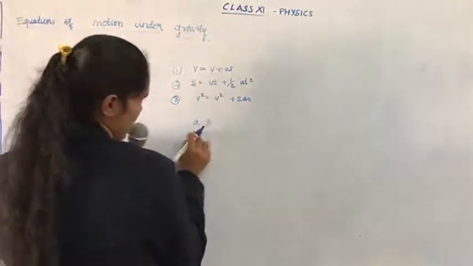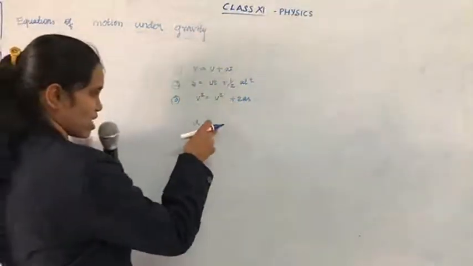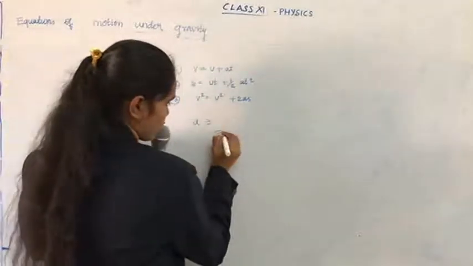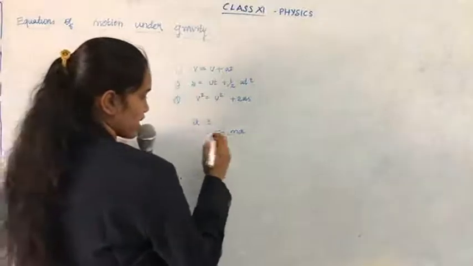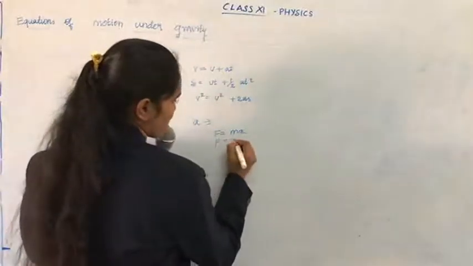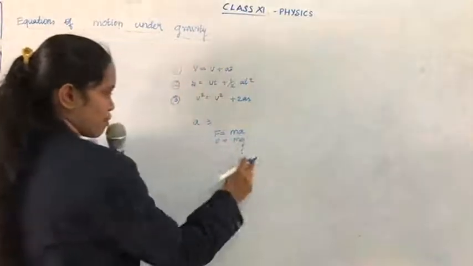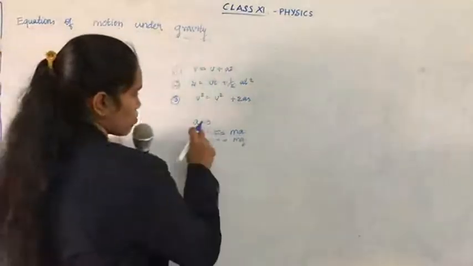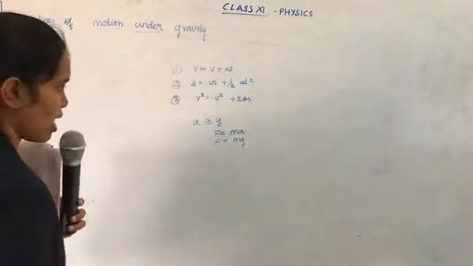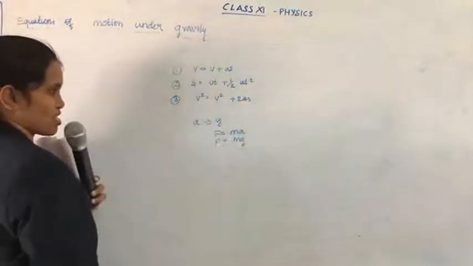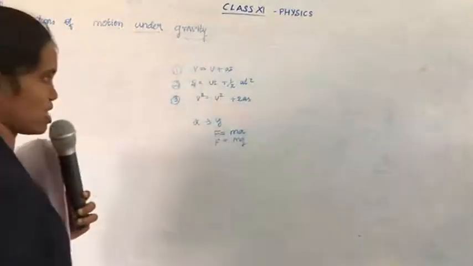Now what is this acceleration? The formula is F equal to ma. If it is a normal body, F equal to ma; if it is in gravity, it becomes F equal to mg. We already studied this. So A is transferred to G. Acceleration is changed to acceleration due to gravity.